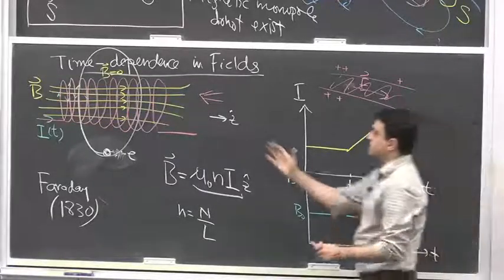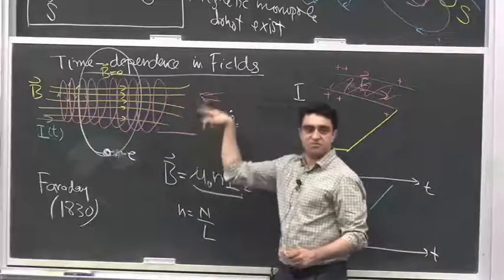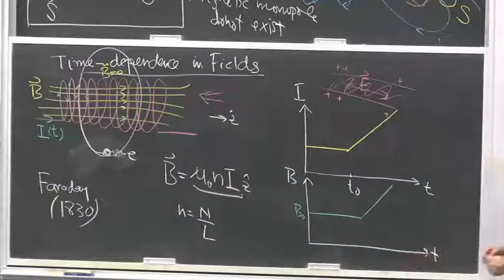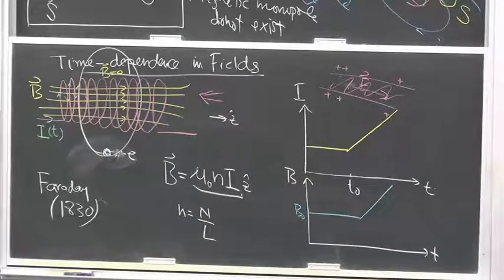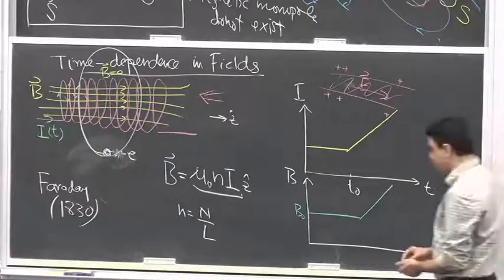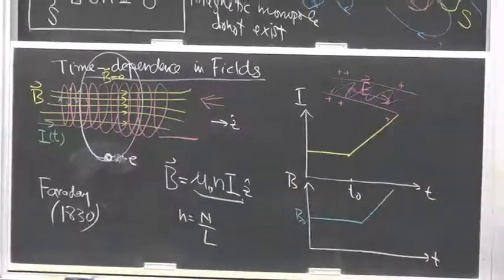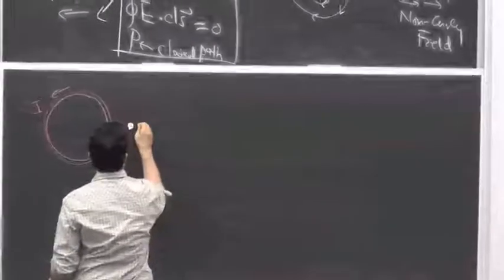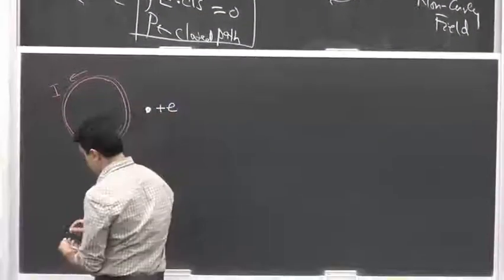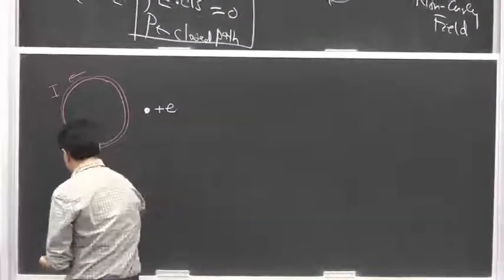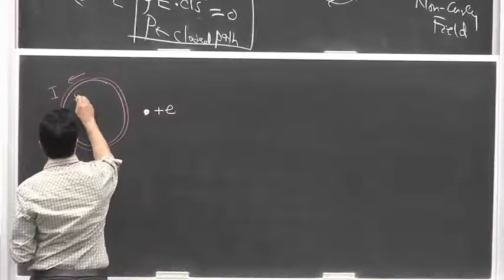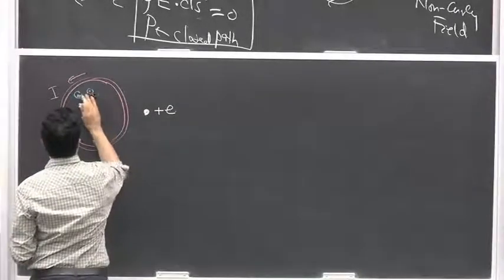I see that the current is flowing in a counterclockwise direction. So you have a current which is like this. And what I did was I put a positive charge here. And you have a magnetic field which is inside the solenoid, and it is coming out.